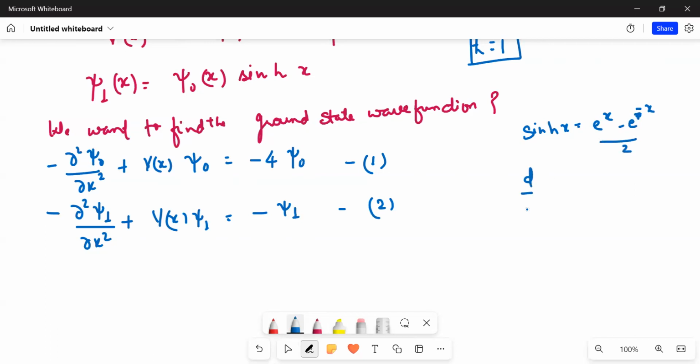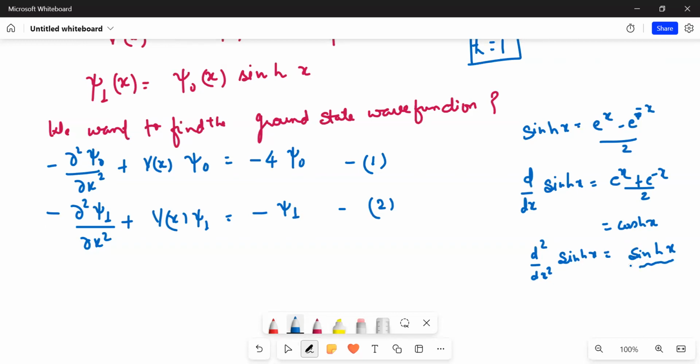If I differentiate it once, I will simply get e to the power x plus e to the power minus x upon 2, which is simply cos hyperbolic x. And if I differentiate this again, I will get sine hyperbolic x only.